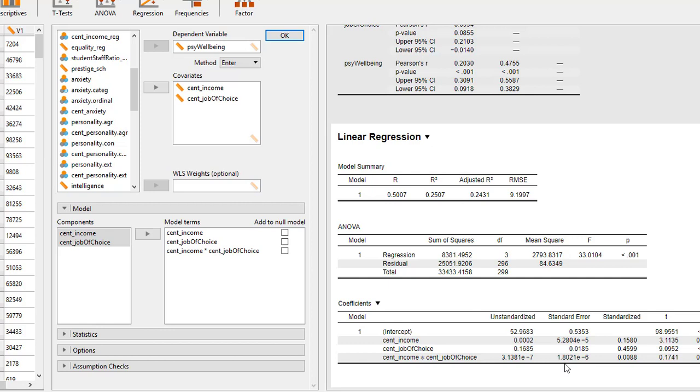We center the values because when we do this multiplication of values, if we don't use centered values, it could be the case that one of the variables is more correlated with the dependent variable than the other.